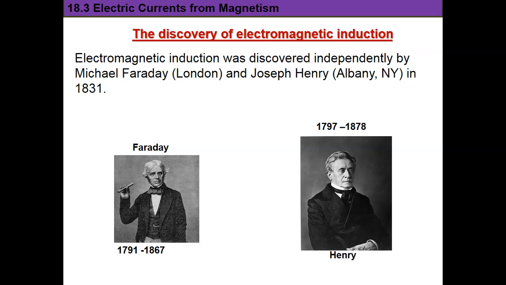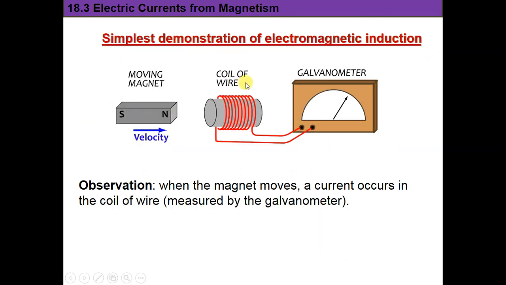Let's see how. This phenomenon is called electromagnetic induction and was discovered by Faraday and Henry in 1831. The simple demonstration of this phenomenon is having only a coil of wire, and inside it, let's say, empty.